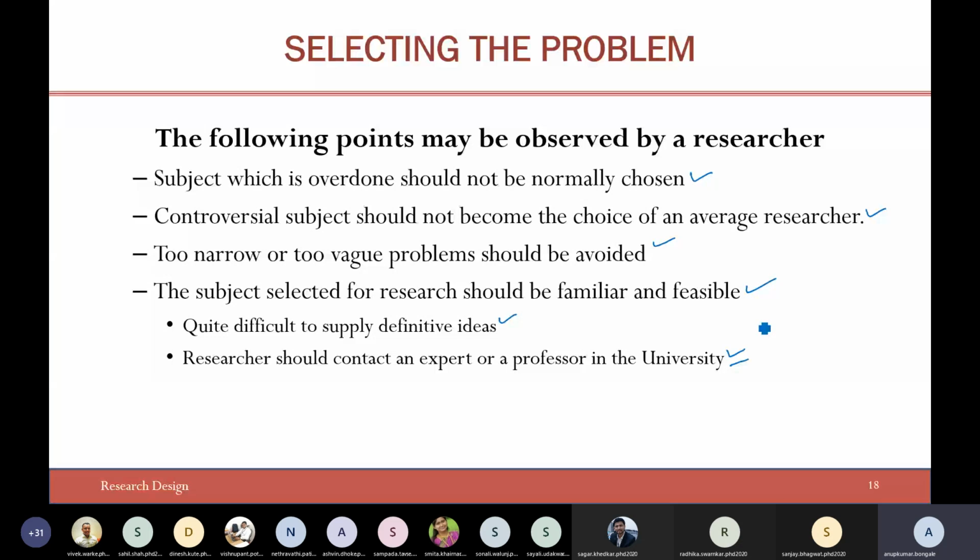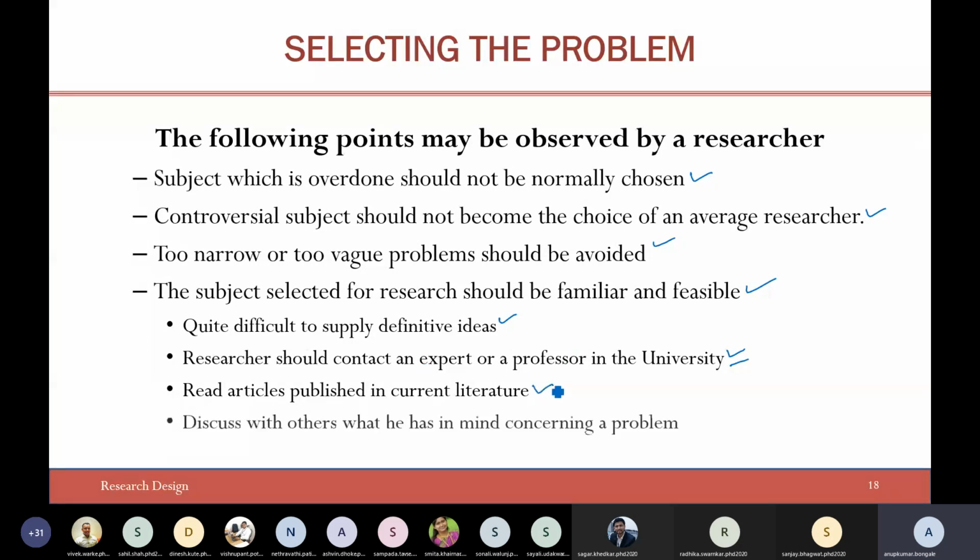I have done that, and people do it. There is a possibility of getting collaboration and getting your doubts clarified at the earlier stages, and read the articles published in the current literature. I think all of you will definitely do it, and discuss with others what they have in mind concerning the problem. You don't have to disclose entirely what exactly you are trying to do with the concerned person, but there could be an exchange of knowledge. All these activities you should be doing while selecting the problem statement.